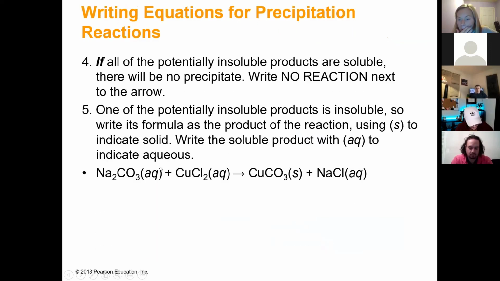This equation right here is called a molecular equation. I'm going to write this on my whiteboard. Na2CO3 aqueous plus Pb. I forgot what it was already. Cu.